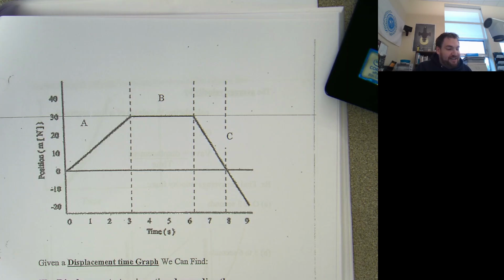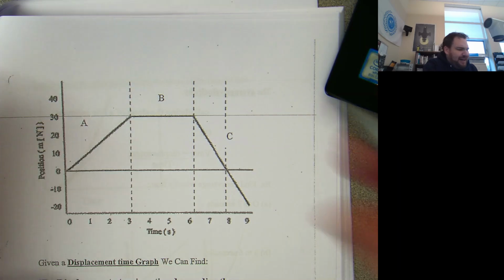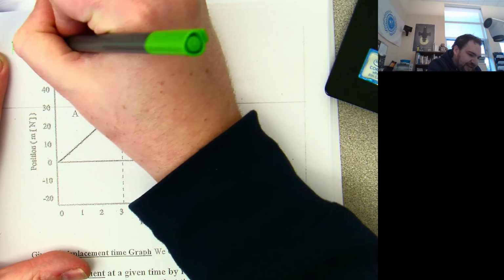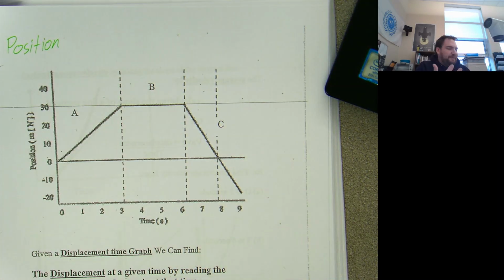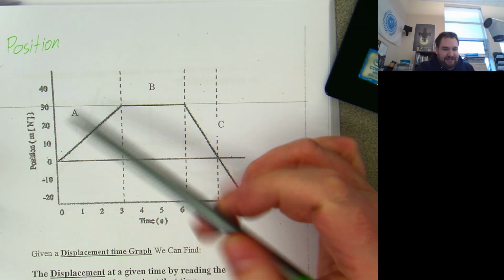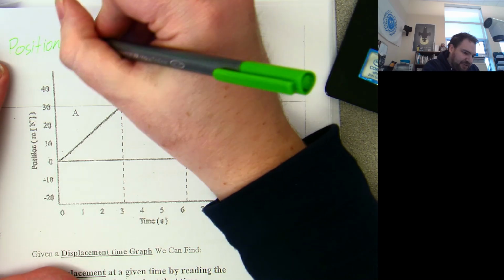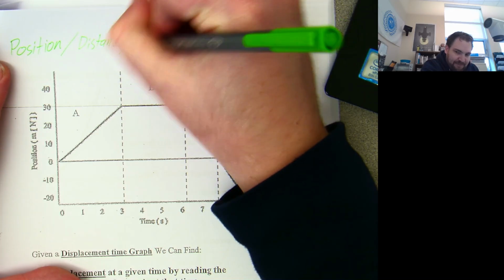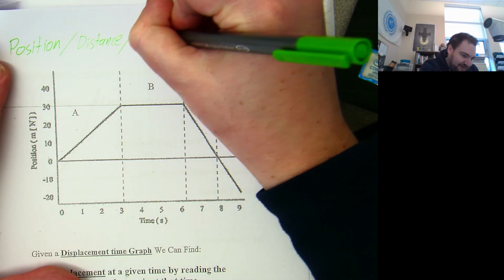Okay, so there's no title on this, but there definitely should be. What we're going to look at now is a particular kind of graph. You already looked at these, but we're going to look at them in more detail. They're called a few different things. It really depends on what's on this axis here. Sometimes these are called position. Sometimes they reference distances. Sometimes they represent displacement.